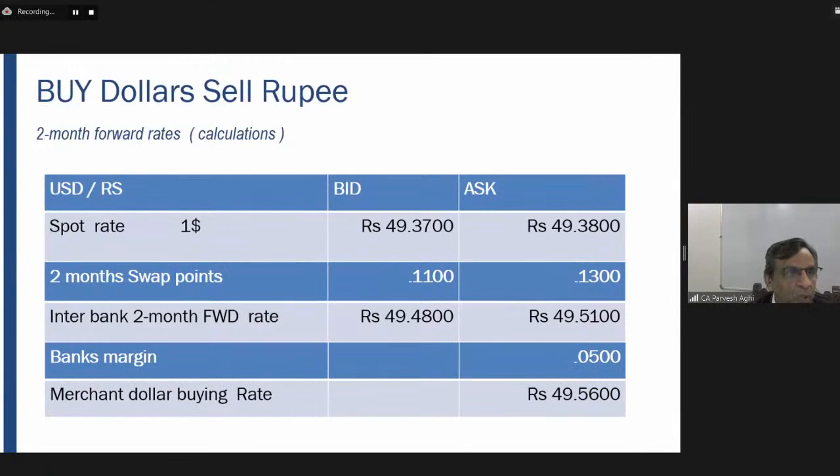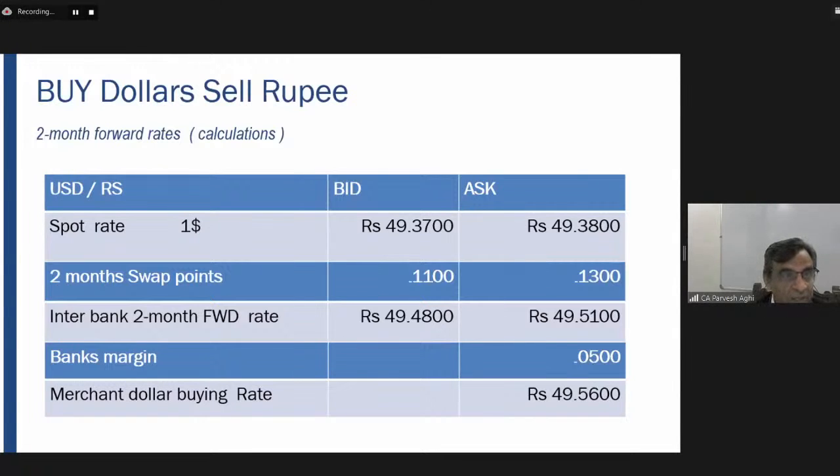Now we know that we have to buy dollars, so we are going to add the margin. If you remember, in bid we subtract the margin, and in ask we add the margin. I gave the logic when we explained the basics in video number 2. It is given as 5 paisa, so we simply add that margin. So the merchant dollar buying rate will be 49.56.